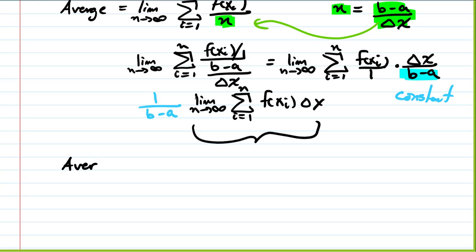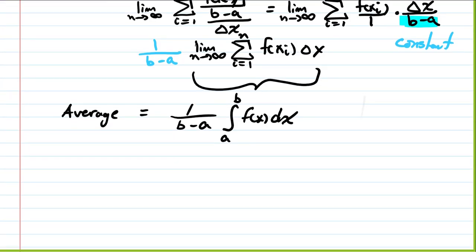So solving, we get that our average is equal to 1 over (b minus a) times the integral from a to b of f of x dx. So the average value of a function is 1 over the length of the interval multiplied by the integral of the function over that same interval. And that in general gives us our formula for calculating the average value.